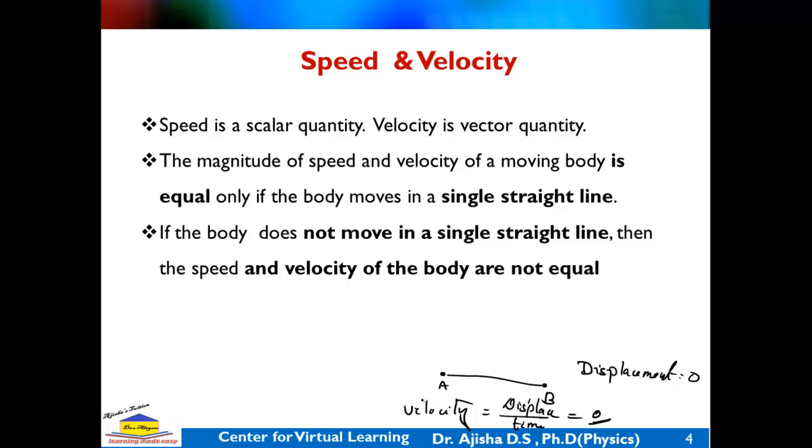But the speed of the object is calculated by the total distance traveled, so you have to calculate the distance from A to B and add the distance from B to A. So the average speed should not be equal to 0, but the average velocity may be equal to 0.